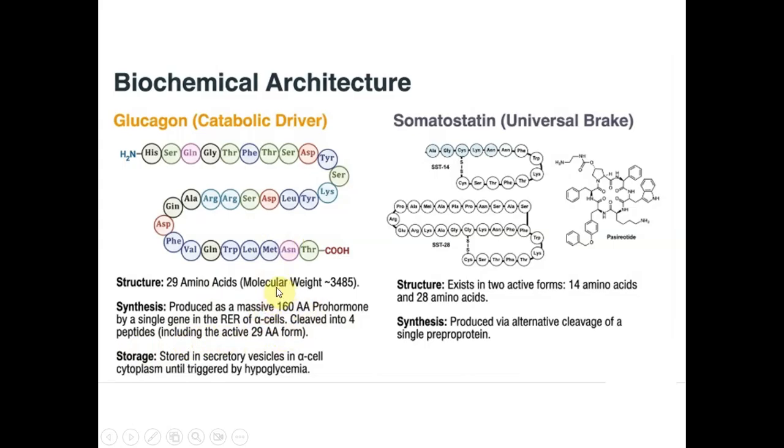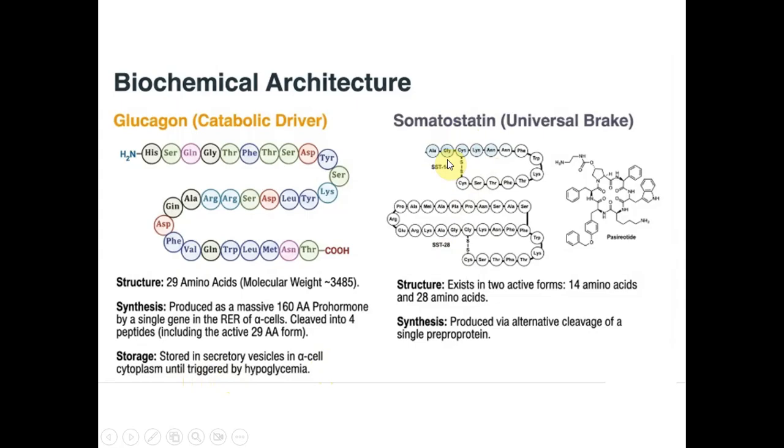After the 160 amino acid prohormone forms, the final active hormone has only 29 amino acids, stored in secretory vesicles in the alpha cell cytoplasm until triggered by hypoglycemia.